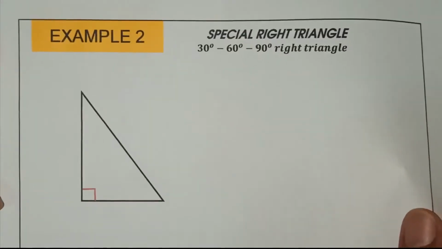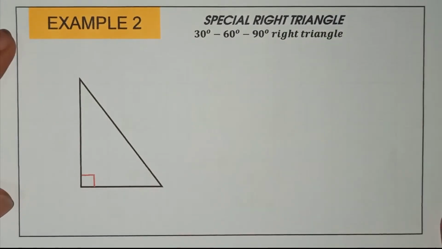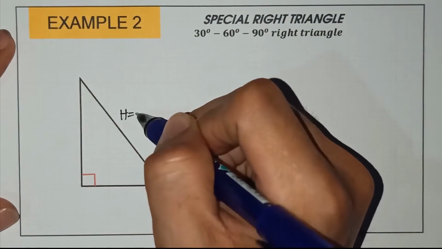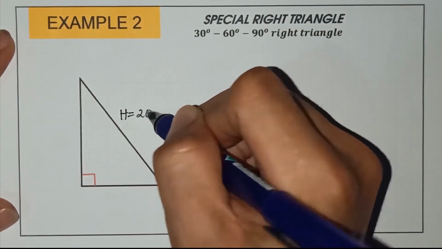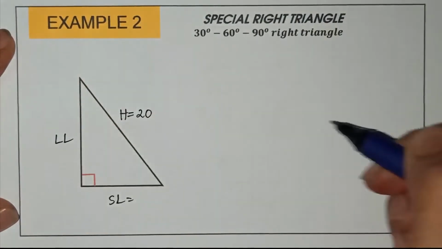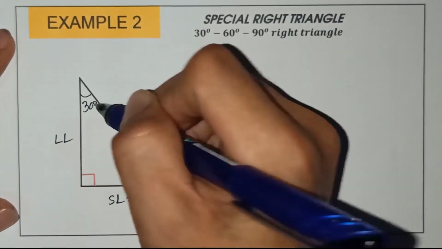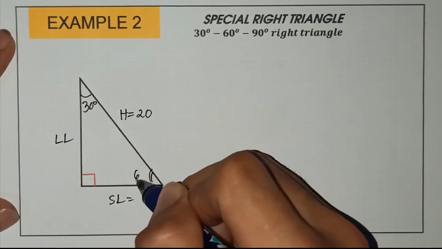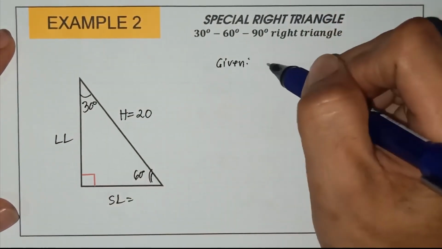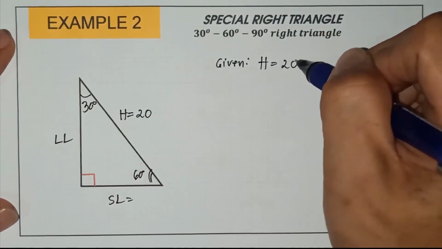For example number 2, let's say the hypotenuse here is 20. Find the shorter leg and the longer leg. This is 30 degrees and the other one is 60 degrees. The given is the hypotenuse, which is 20.